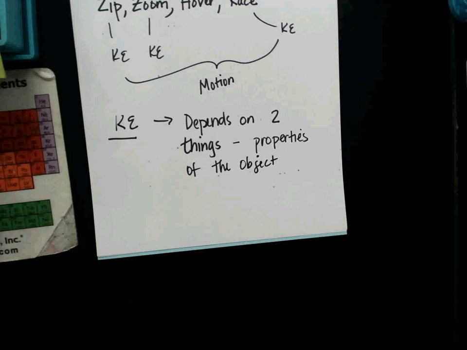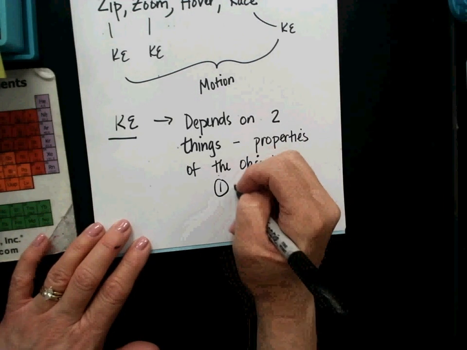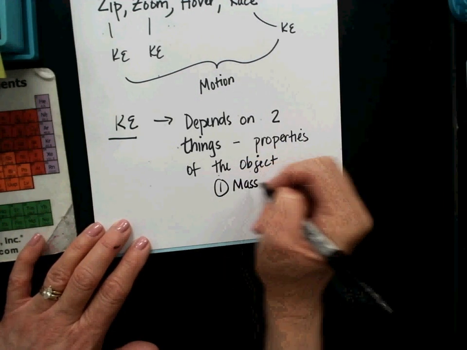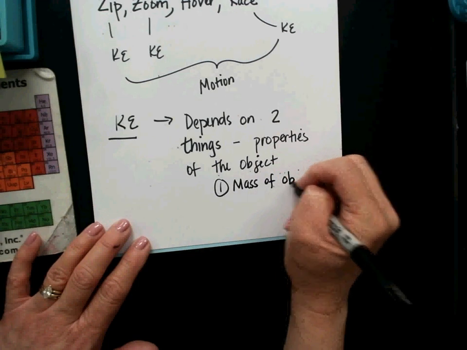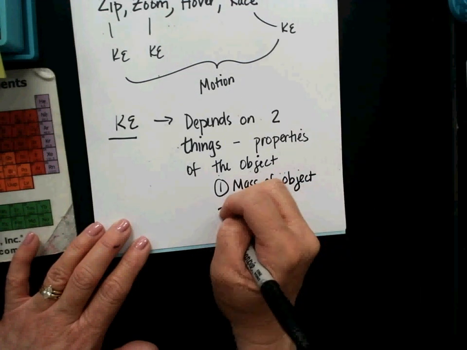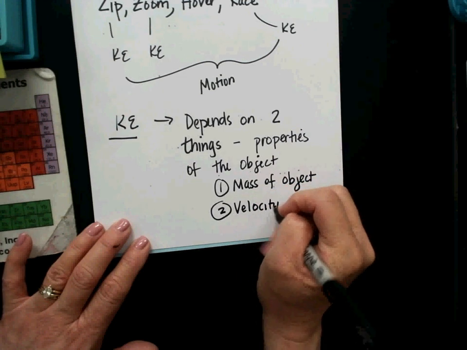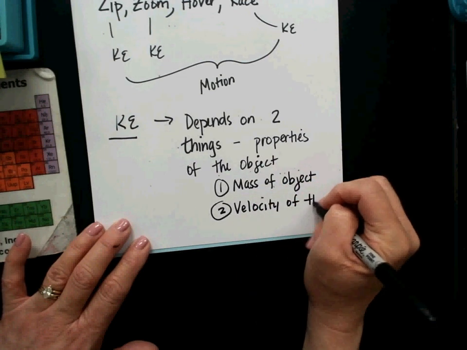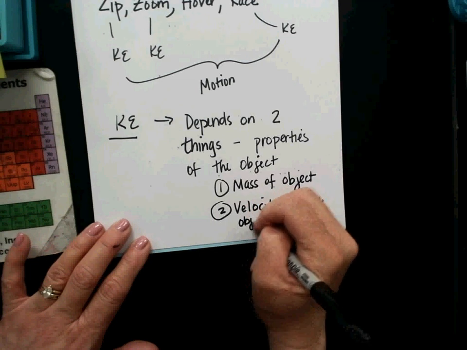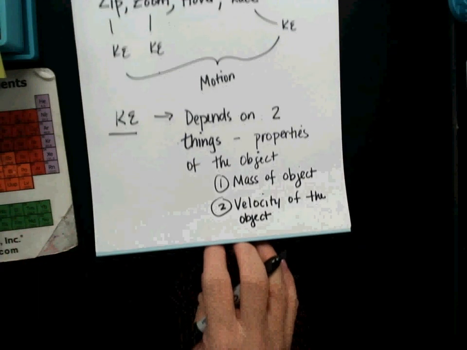And those two things are the mass of the object and the velocity of the object.